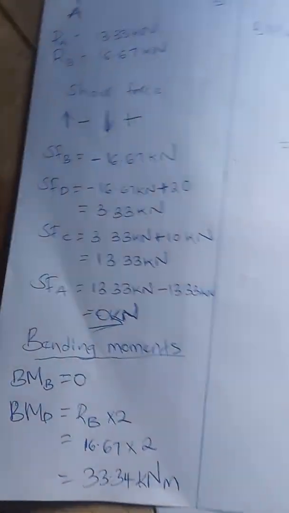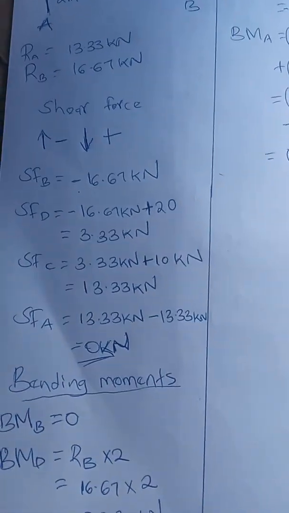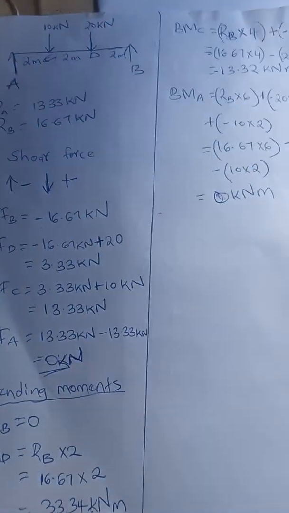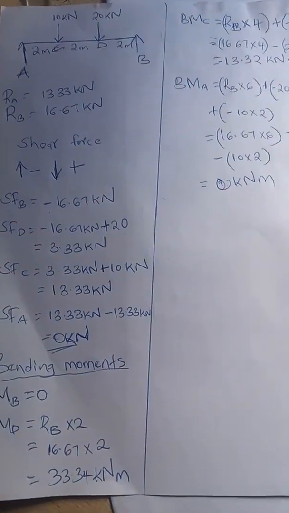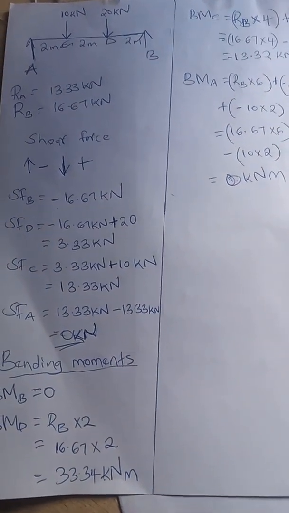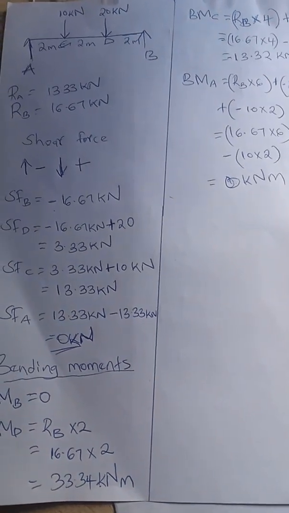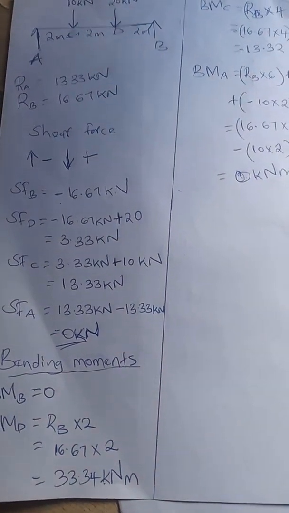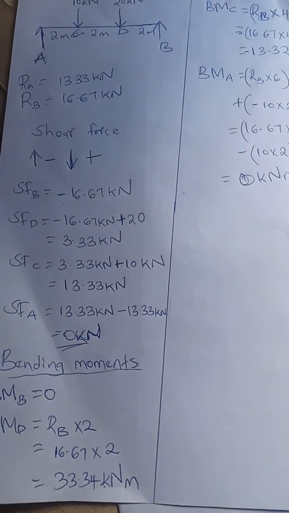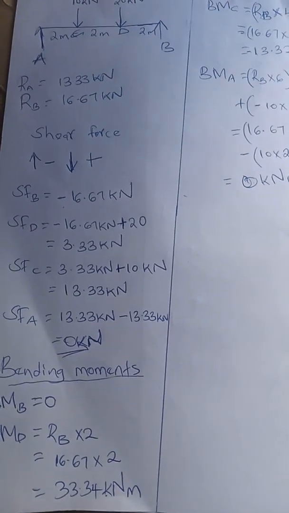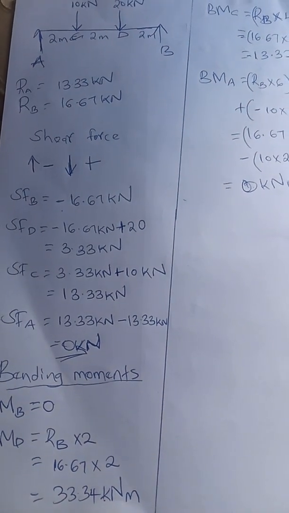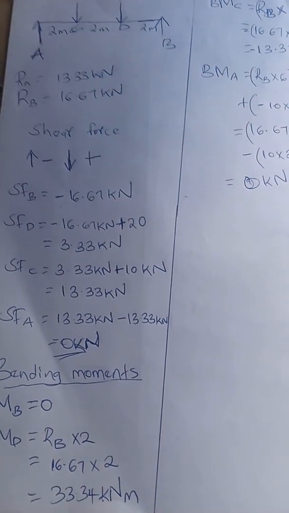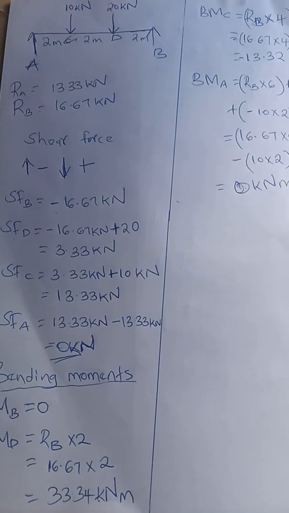So this is how we calculate the shear force and the bending moment of a simply supported beam. From the start, you saw how I calculated the reactions in the previous video, and then calculated the shear force. If you start from B to A, the upward force will be negative and the downward force will be positive.